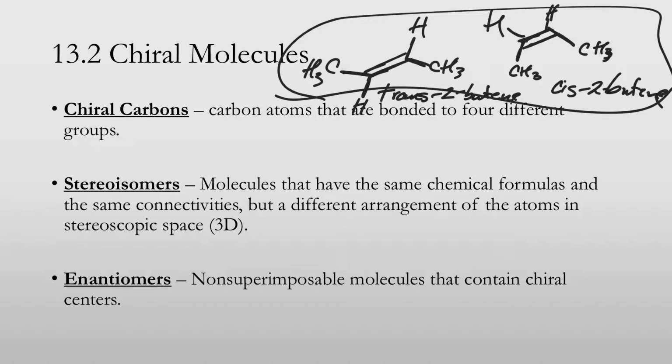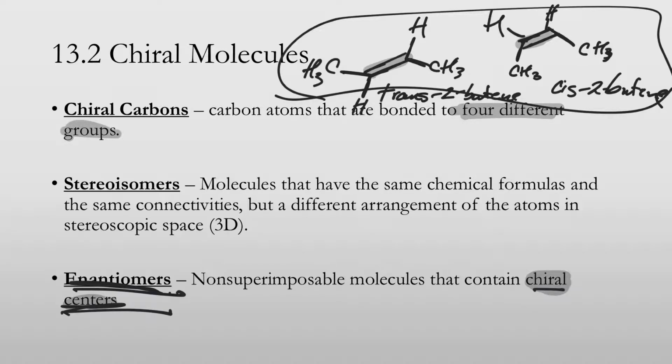What we're going to talk about here, though, specifically are enantiomers. And enantiomers are non-superimposable molecules that contain chiral centers. What you can notice from the alkenes above, these don't have chiral centers because a chiral carbon has 4 different groups bonded to it.